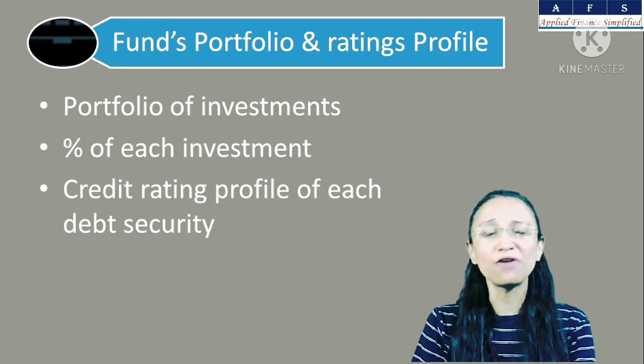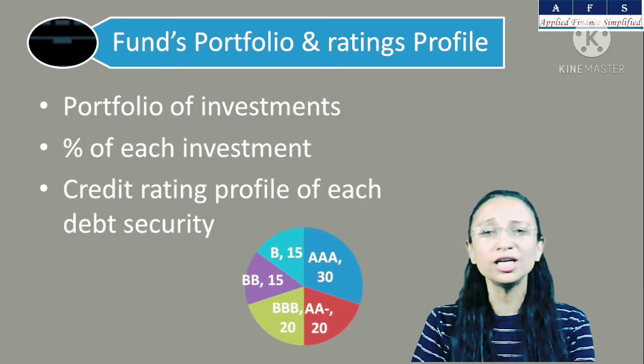And the rating profile of each of these instruments along with the entire rating profile of the fund will be provided to you. So one needs to look carefully at the ratings portfolio as well as the individual investments to see whether there is any lopsided or large exposure taken by the fund house to any particular kind of instrument which is lower rated, to reduce the risk.